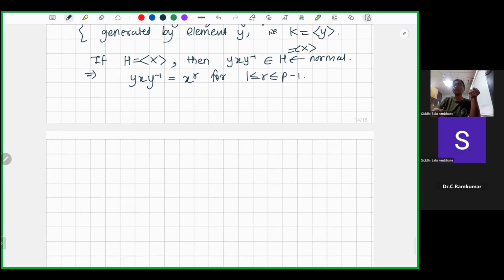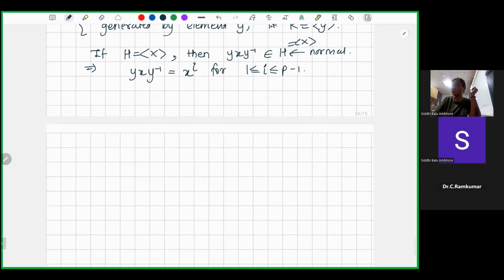So the moment I have something of this form, suppose this is x power i for some i in p minus 1, and again from this y inverse power r is x power i power r, right?